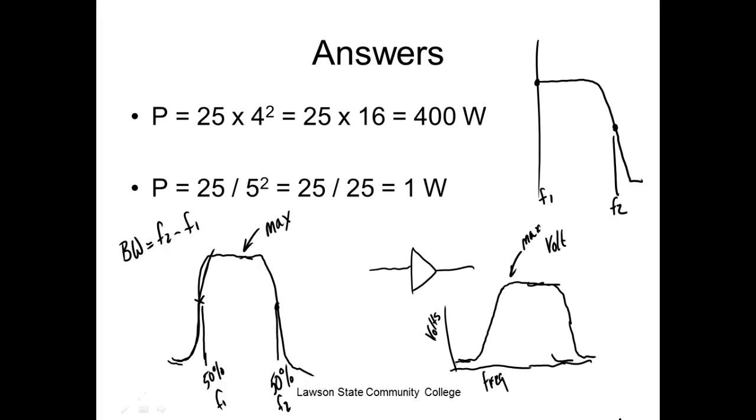The problem is your oscilloscope is not measuring power, it's measuring what? Voltage. So how would I relate this to voltage? What would be the half power point in terms of voltage? What voltage would I measure? I'm not going to measure half voltage because power varies with the square of the voltage.